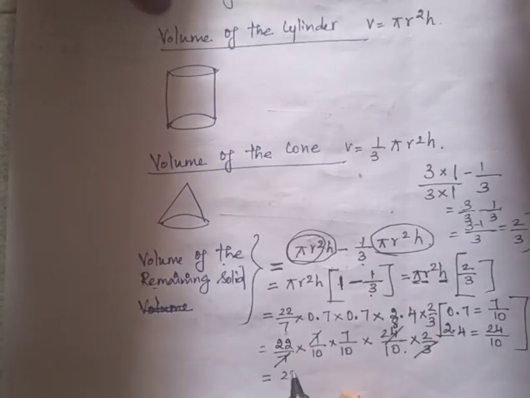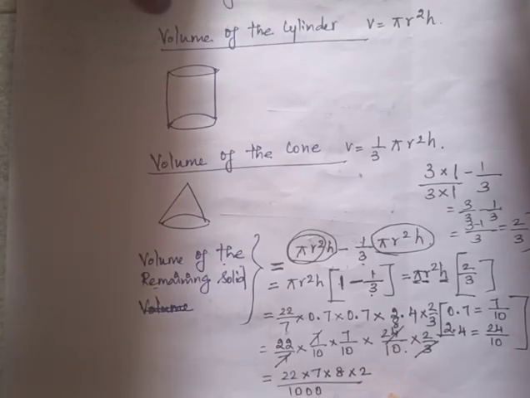Remaining 22 into 7 into 8 into 2 divided by 1000.